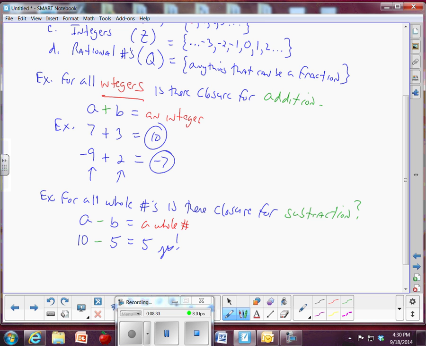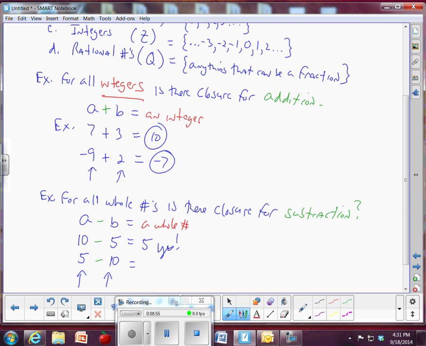Yes. It worked. But here's the problem, and here's the thing with closure. If you can find just one thing that doesn't work, then it's not closure. So let's flip the numbers. What if we put the 5 first and the 10 second? Both whole numbers, right? 5's a whole number, 10's a whole number. What's the solution? 5 positives, right?